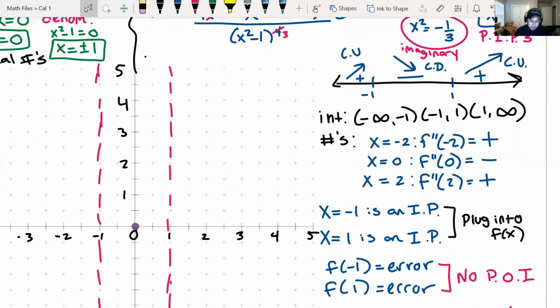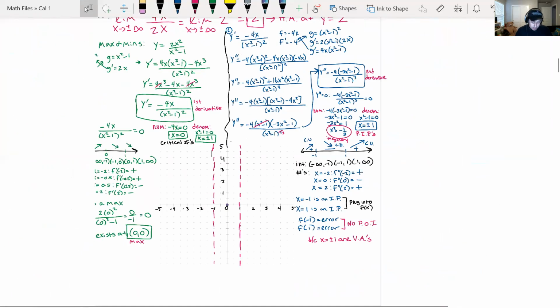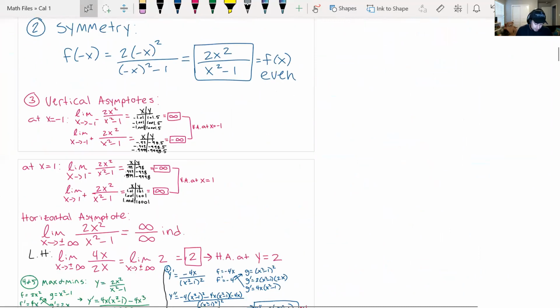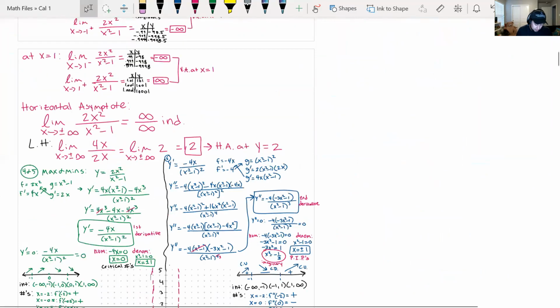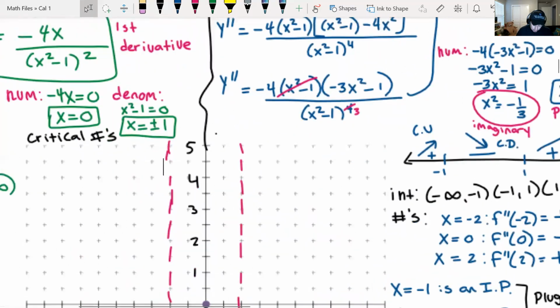Okay, and now we've used everything from step 1 and step 2, still part of step 3. My horizontal asymptote is at 2. So I'll draw that.